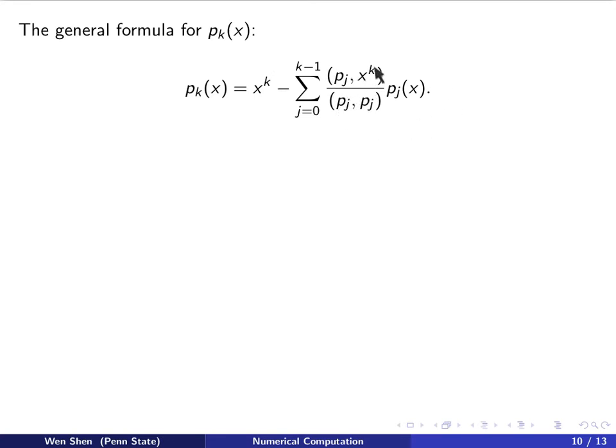So x to the k projected down to the function pj of x, and j goes from 0 to k minus 1. And what you have in the end, this function here, will be perpendicular to all the pj's, j ranging from 0 to k minus 1.